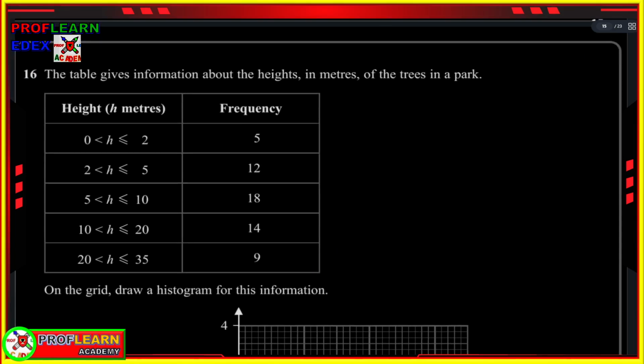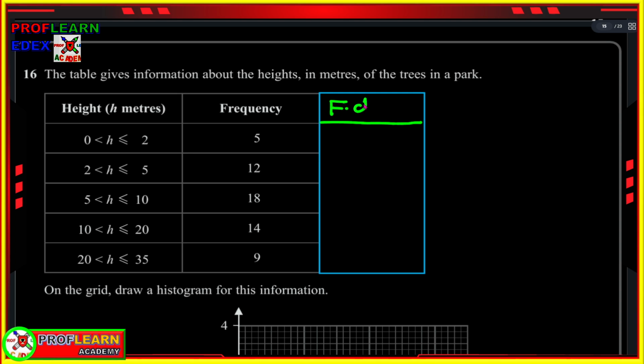So we need a column for frequency density here. In the lesson yesterday, we learned how to work out frequency density, which is frequency divided by the class size.